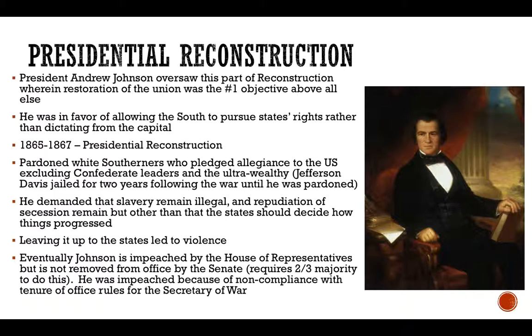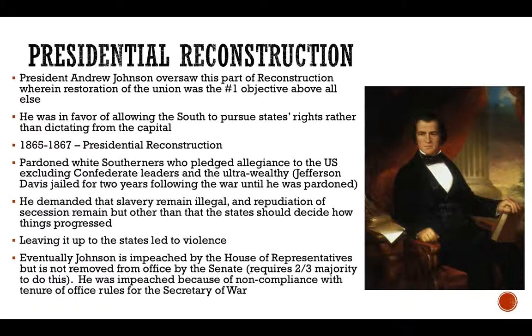President Andrew Johnson oversaw this part of Reconstruction, and the number one objective was restoration of the Union. So pulling the United States and the Confederate States together back into just the United States. He was in favor of allowing the South to pursue states' rights rather than dictating from the Capitol.